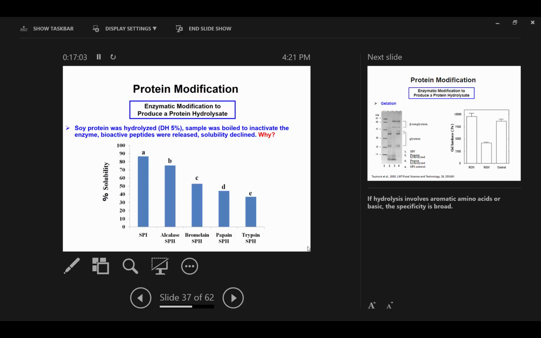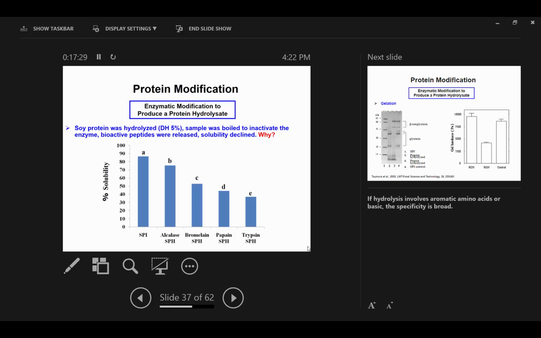But what's interesting is they all behave differently. So depending on the enzyme we used, the degree of reduction in solubility is different. So this tells me that trypsin produces a different set of peptides than alcalase would. Trypsin might produce peptides that promote aggregation rather than solubility.